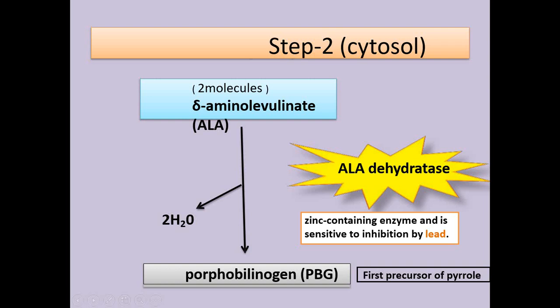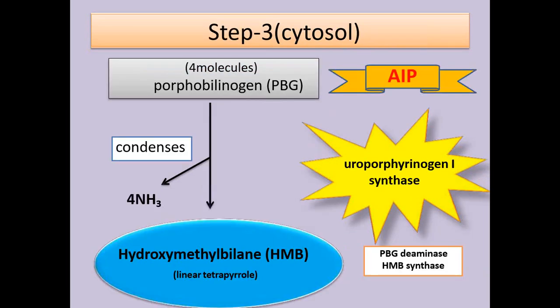Porphobilinogen, PBG, is the first precursor of pyrrole, which is formed in the cytosol at the step 2 level. Then step 3 also occurs in the cytosol, and four molecules of porphobilinogen condense to form hydroxymethylbilane with the help of the enzyme uroporphyrinogen 1 synthase. This forms the linear tetrapyrrole chain.